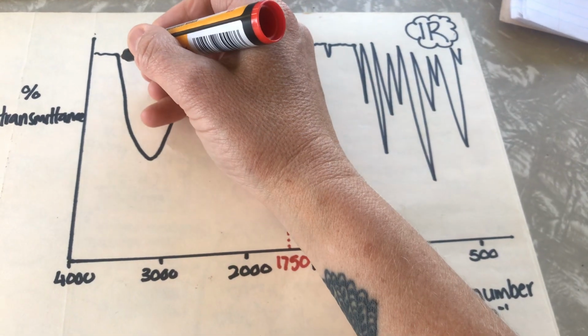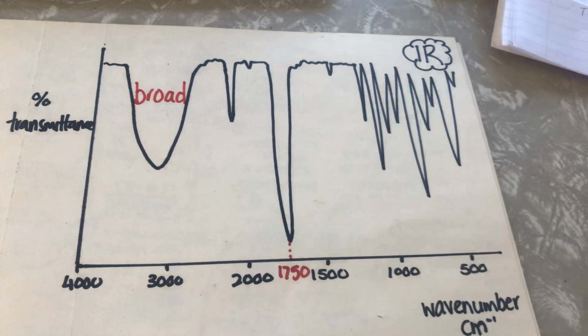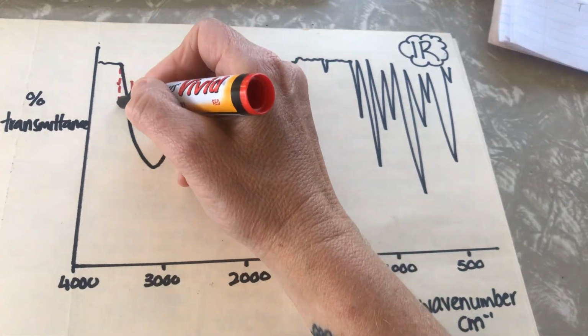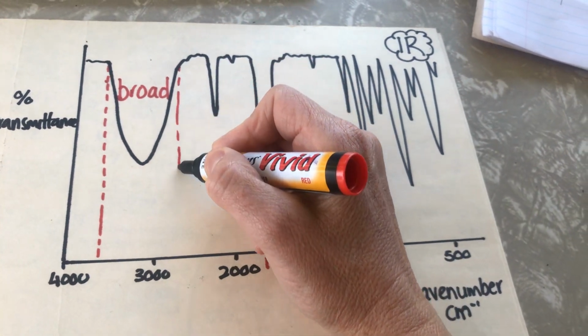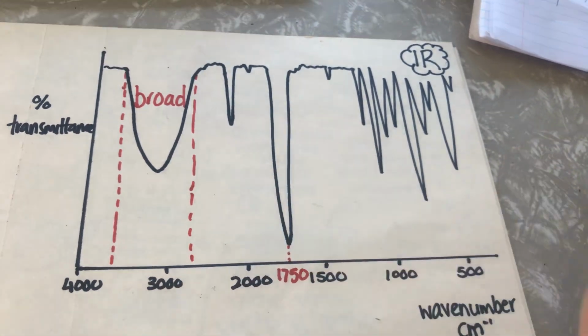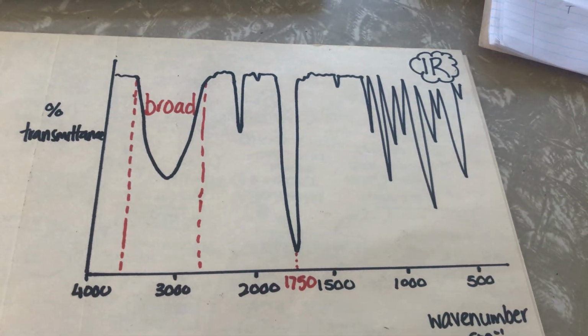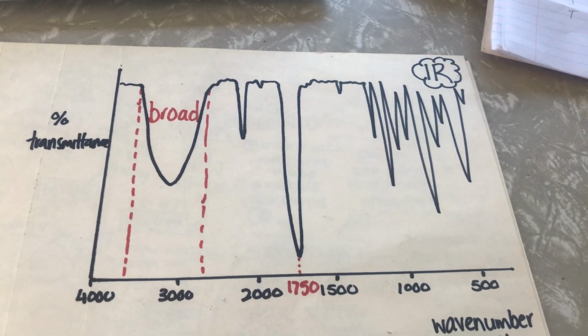This one here, as you'll notice, is a very broad peak, and that is an acceptable way to describe the peak. On your resource sheet, which you will get, it has probably got a range. So you can use a range if the tip is not strong enough or not sharp enough to identify one particular point.